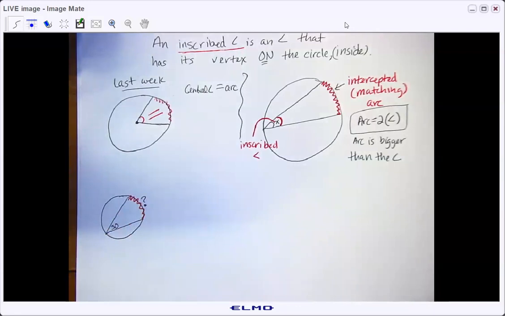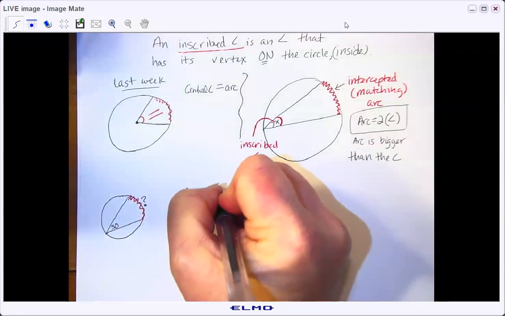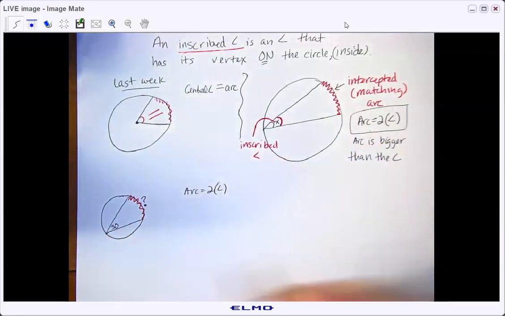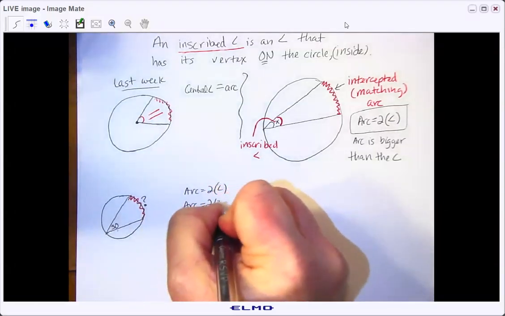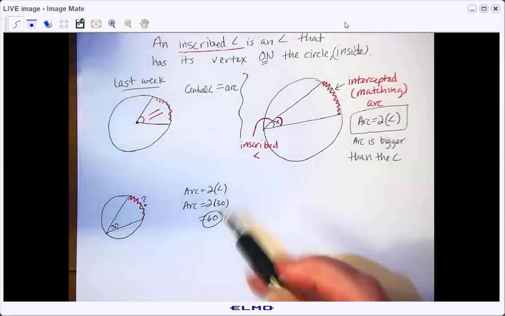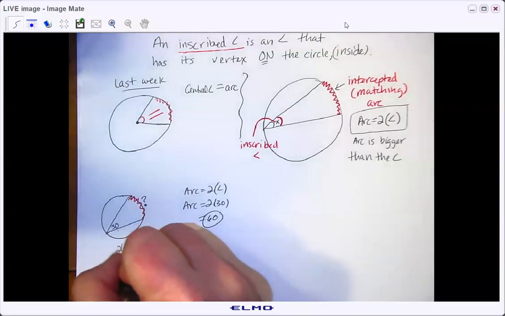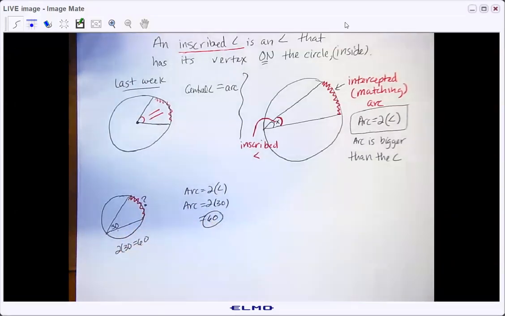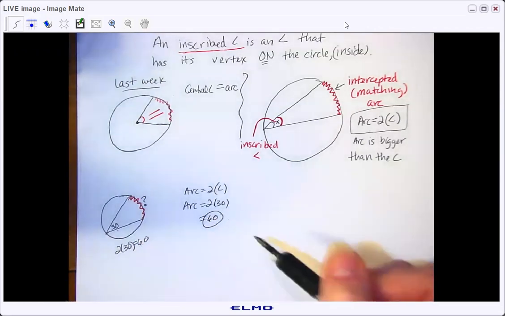Okay, so if we have a formula that says the arc is 2 times the angle, well, the angle is the one on the inside, so the arc is 2 times 30 or 60. You're done. And I don't need to see all of this. When I asked for work to be shown, I'm totally fine with 2 times 30 equals 60. Done. That's work. That's all I need. Right now, we're doing this so you can see the relationship.